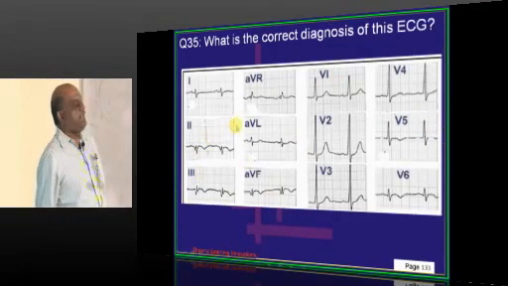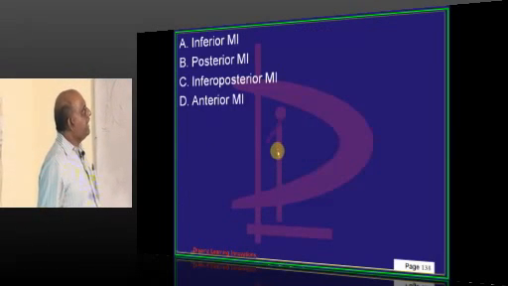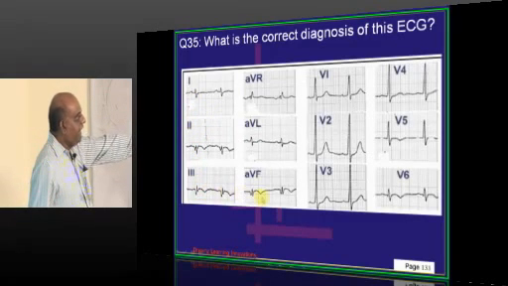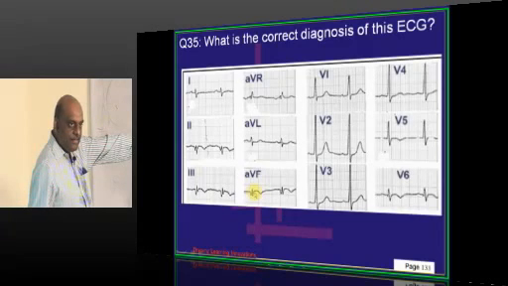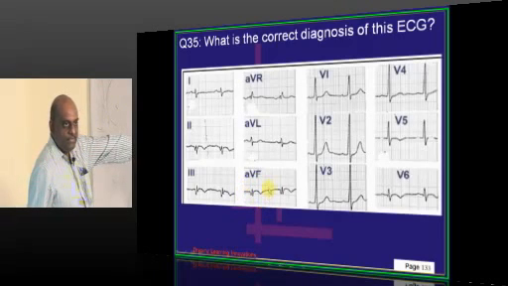So what is the correct diagnosis in this case? So it's a case of 2, 3, AVF. Are they showing T wave inversion and ST segment elevation? ST segment is elevated, doctor. Are you able to appreciate or not?